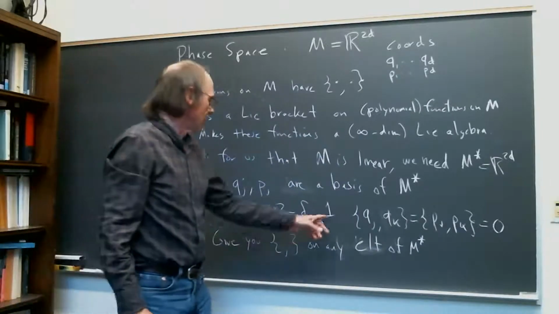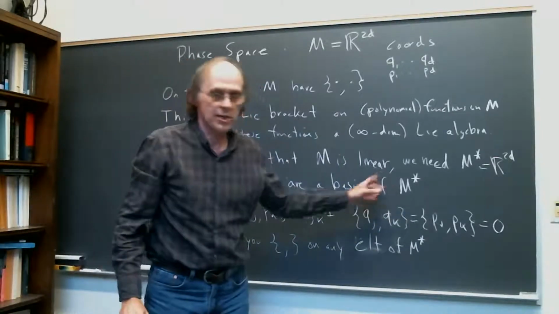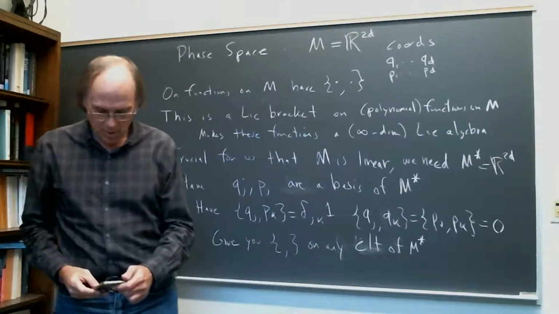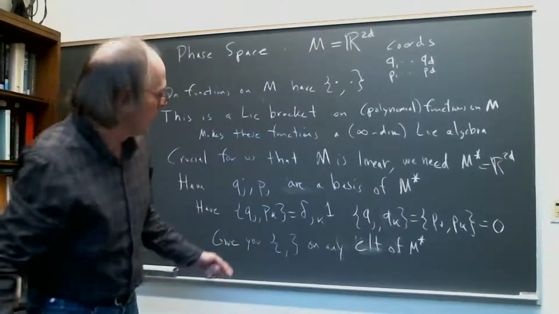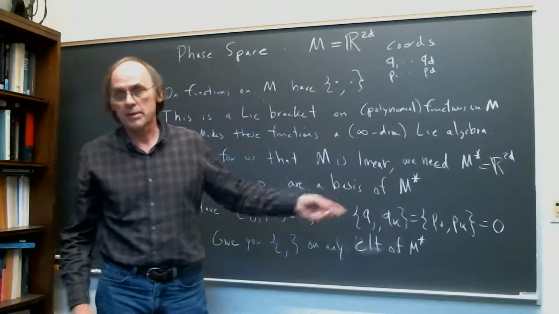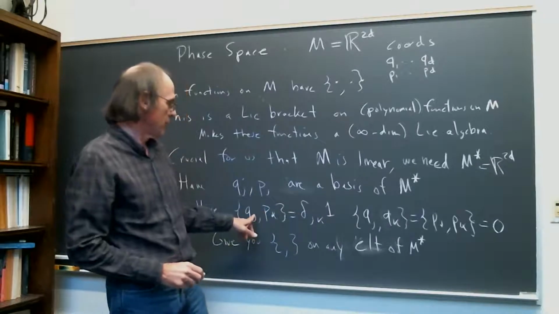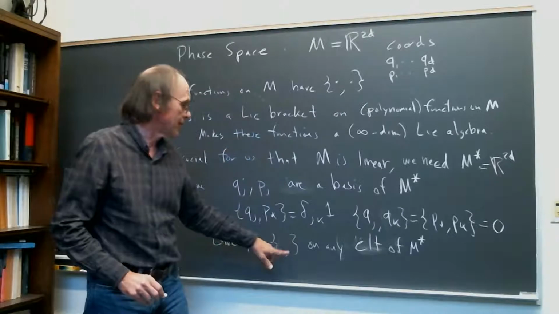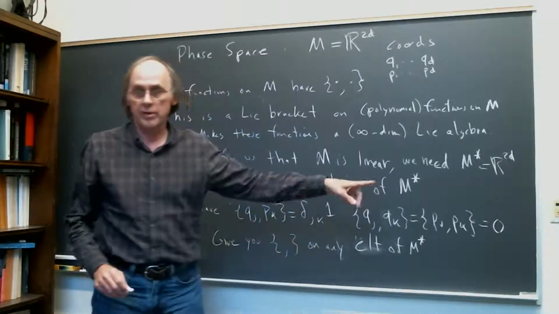In other words, if you have some kind of linear combination of these p's and some kind of linear combination of the q's, the bracket is just going to be a linear combination of the q's and p's. And knowing these relations, you can calculate this on any element.